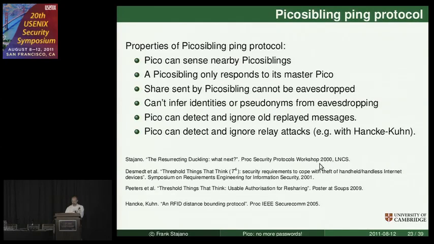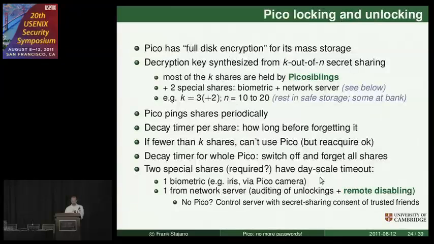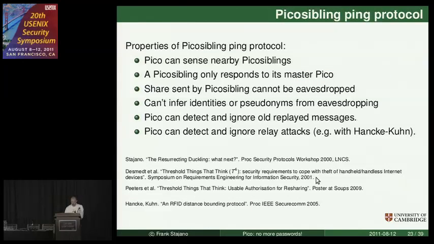We were unaware of each other until yesterday. I mean, I checked. We can have more correspondence about this next. This is some work that a student of Bart has done on implementing this previous one by Desmet and others. And this is the Hancke-Kuhn protocol for preventing relay attacks, distance bounding for RFID.